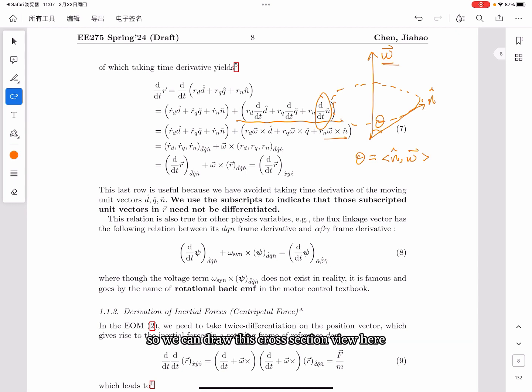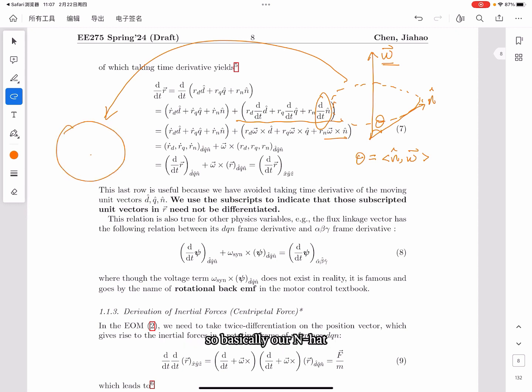So we can draw this cross section view here. Our n hat is first evaluated at this point A, then after some time dt, the end of our vector n hat moves from point A to point B. The angle moved is omega times the time elapsed dt.